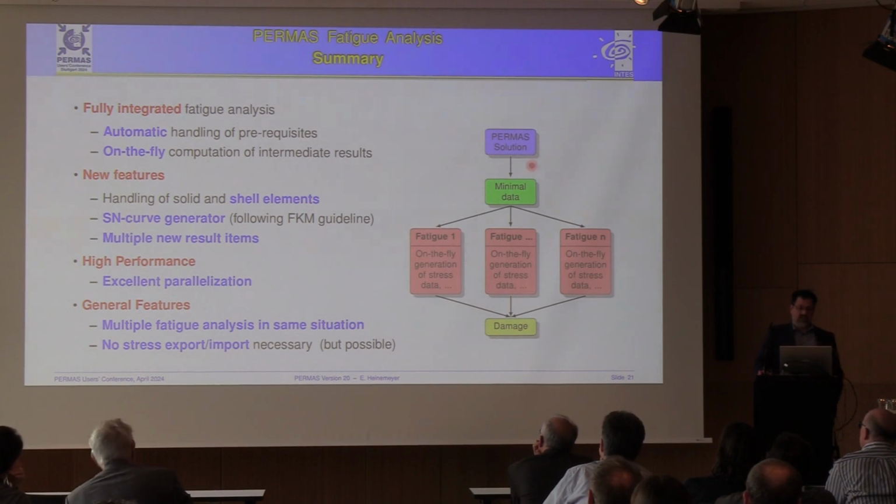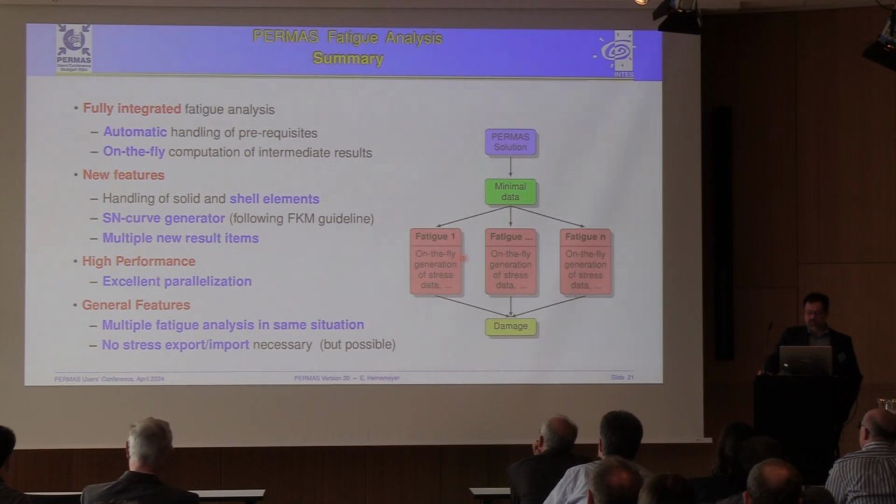You may understand this as: the PERMAS solution computes a minimal data set from which the fatigue analysis, or multiple fatigue analyses that you can do, generates the data as needed, and then afterwards you get your damage result.